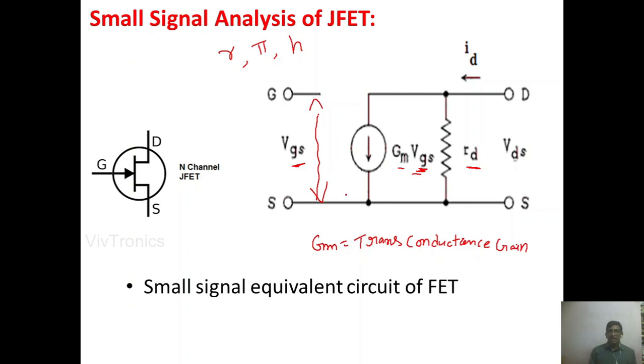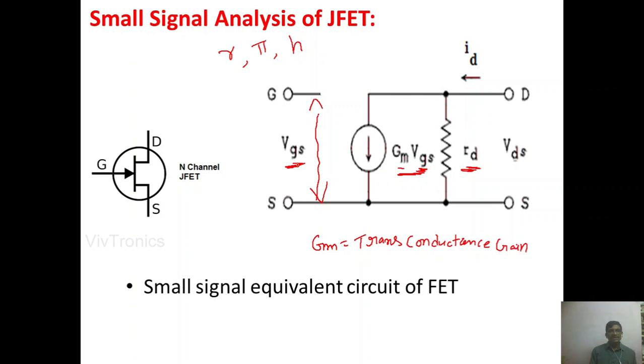Wherever we have the JFET in the circuit, that will be replaced with this equivalent circuit. This equivalent circuit contains only two components. At the input side, gate to source is the input, so the voltage between gate and source is represented with VGS, and at the output side we have the gm VGS source along with the rd, internal drain resistance, which is in parallel with it.